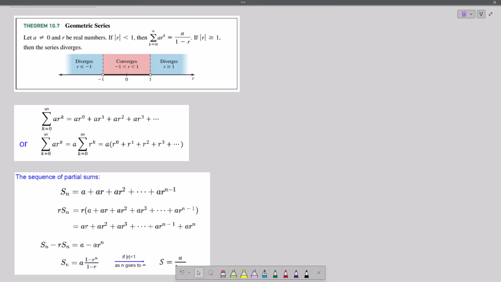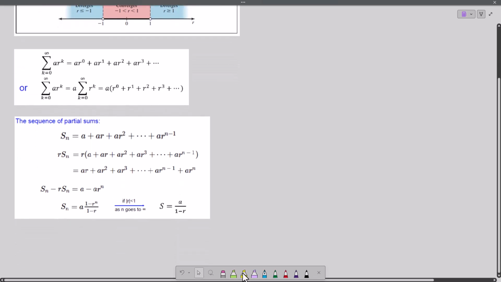So we know that. The question is, what does it converge to? And look at this. That is the simplest looking answer: A over 1 minus r. An infinite series that we can consolidate down to a basic formula, A divided by 1 minus r. Why is that possible? Let's check.